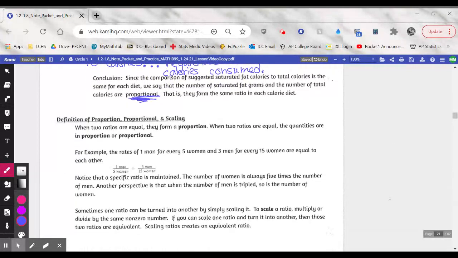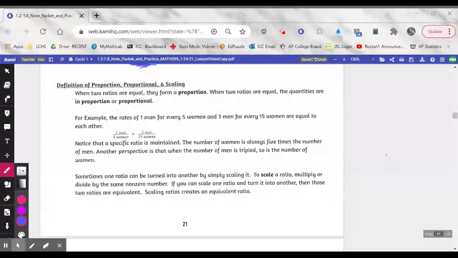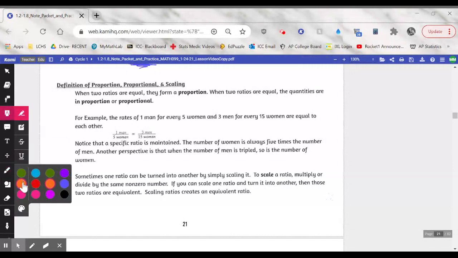So that brings us to our formal definition of proportional. When two rates are equal, they form a proportion. And we can also use the wording in proportion or proportional. They just mean the same thing.